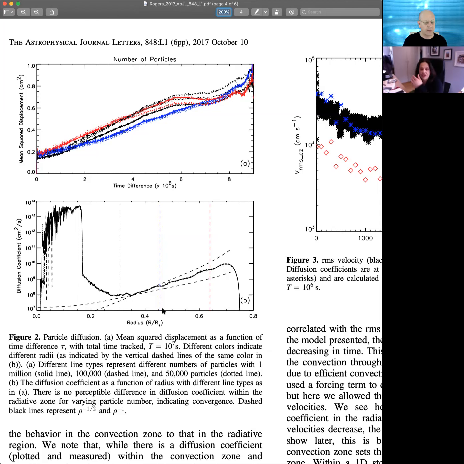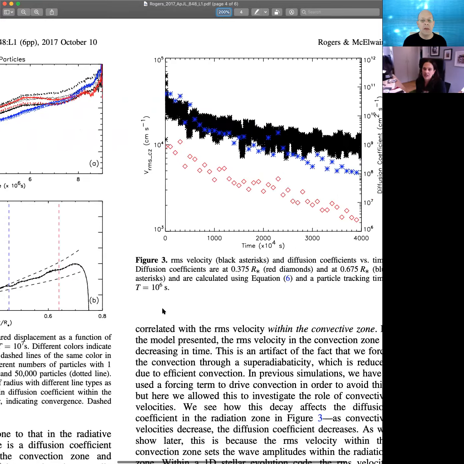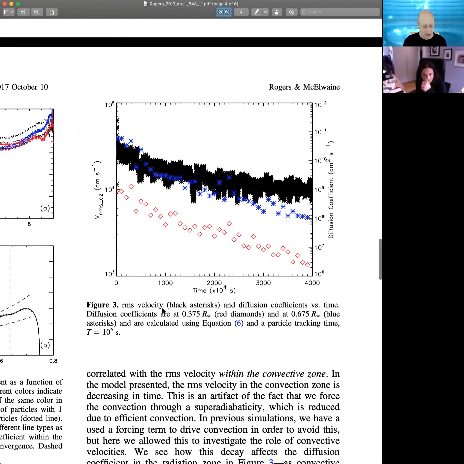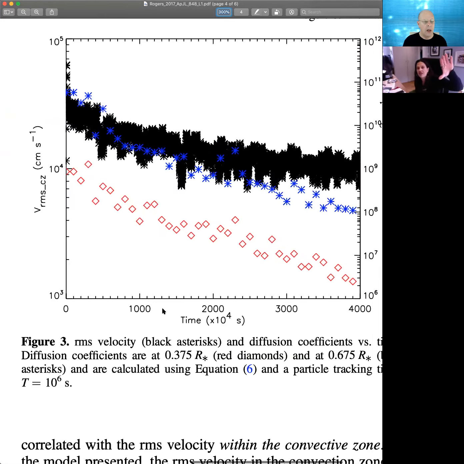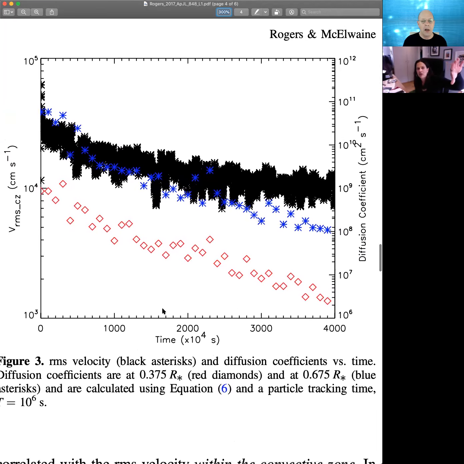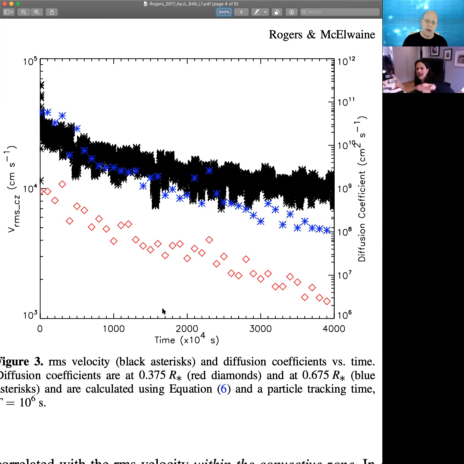So we're trying to understand what sets this profile. The first thing we did is ask, what are the convection zone velocities? That's in figure 3. Over the course of the simulation, for numerical reasons, the convective velocities come down, and we purposely allowed it to do that because we wanted to see how the diffusion coefficient varied as the convection zone velocities varied.